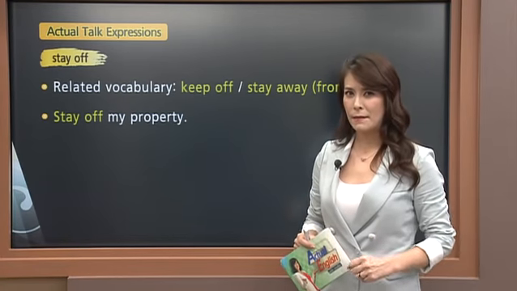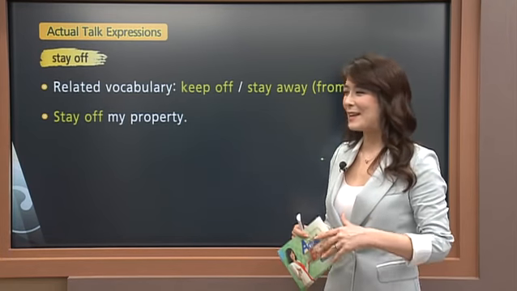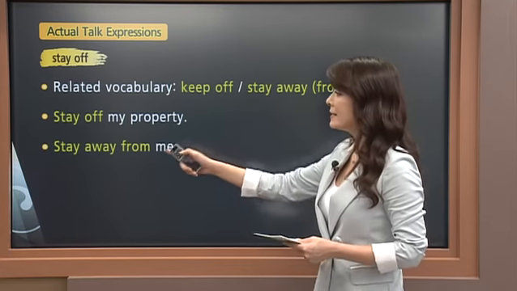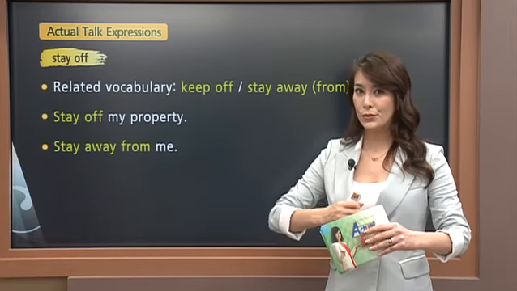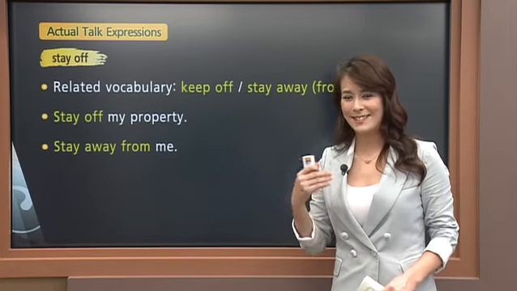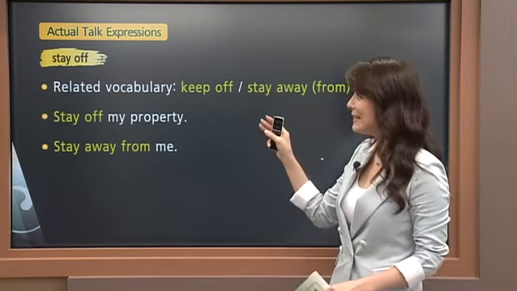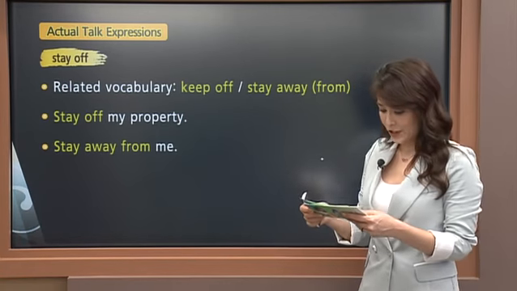This is my land. This is my property. Don't come in. Stay off. Stay away. Okay, what else can you say? Stay away from me. Stay away from somebody means to keep a distance. So you can say, hey, stay away from me. Okay, so keep these stay off, keep off, and stay away from expressions in mind.